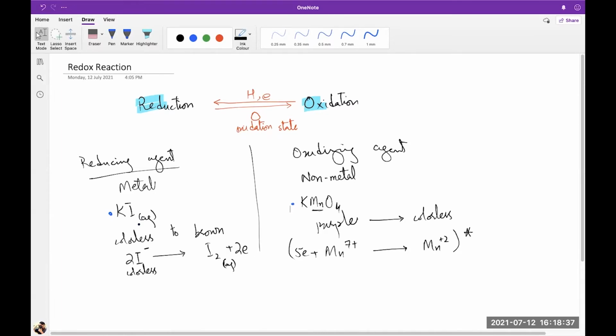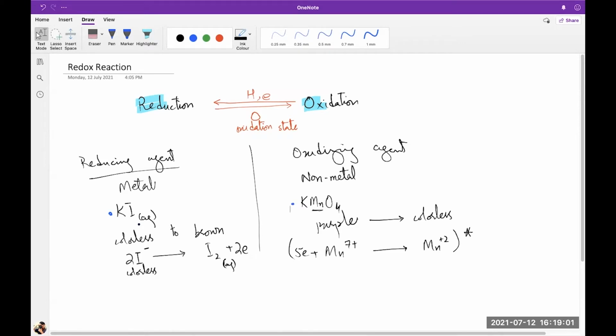And it becomes colorless itself. So it is itself reduced, but the other thing is oxidized. One is a reducing agent, one is an oxidizing agent. So if potassium manganate reacted with something and changed its color, we know right away that the other thing is a reducing agent, because potassium manganate is an oxidizing agent.